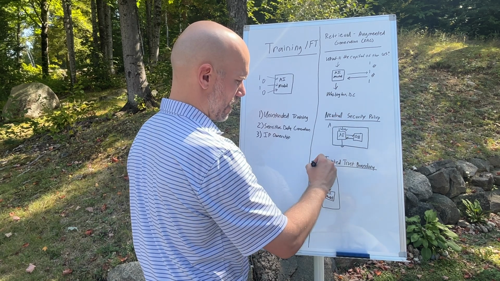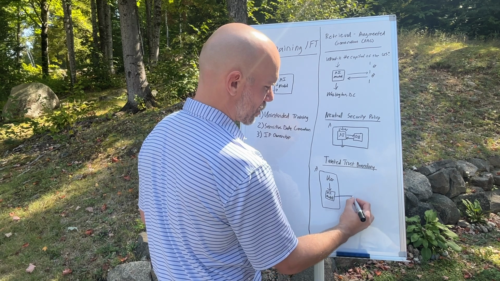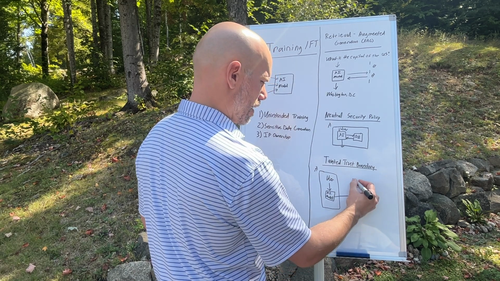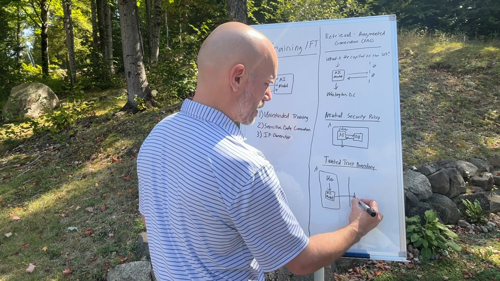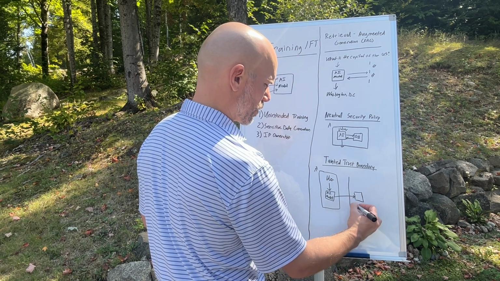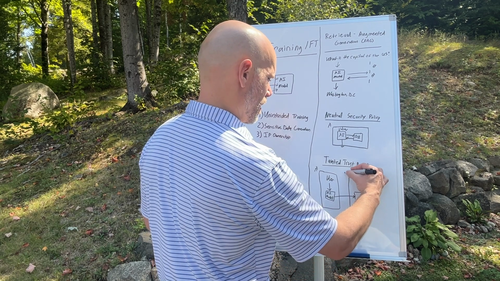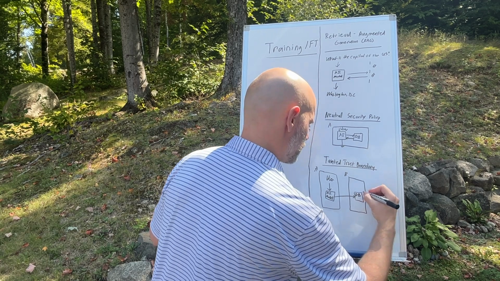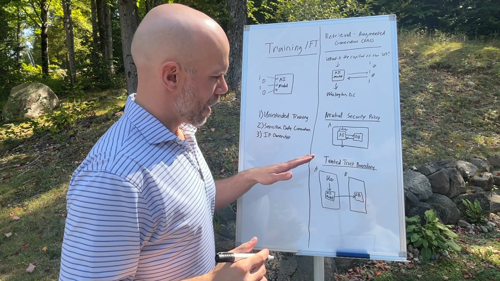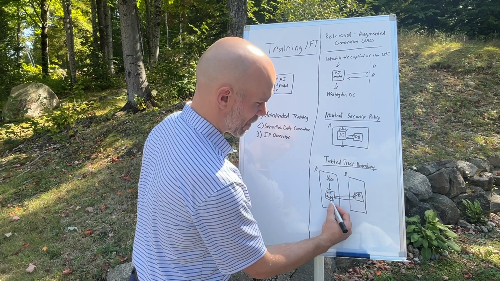So I'll just call this A, I'll call this A. And then the model is able to query data from a database that is in a different permissions group. Now, this can cause problems. So in this situation, and then it returns the response and then spits it out.